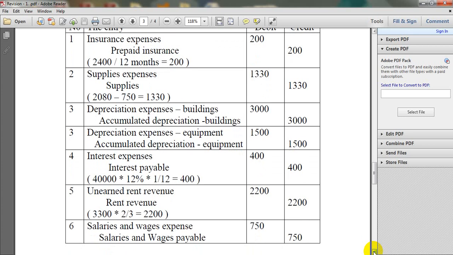The next transaction for unearned rent revenue, 2/3 of them become actually revenue, and the entry will be in the debit unearned rent revenue and the credit rent revenue.